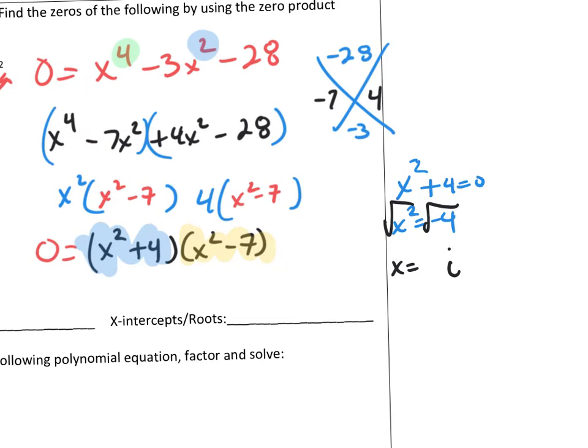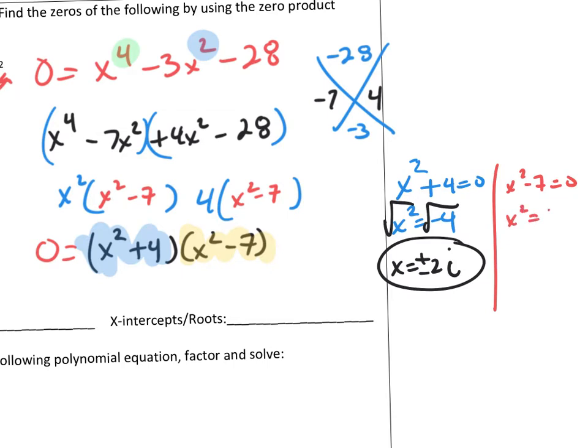And then the square root of 4, hopefully we are accustomed now to, is 2i to give us our solution. All right, the next one we have in yellow, we have x squared minus 7 equals 0. Add that over there to be x squared equals 7.